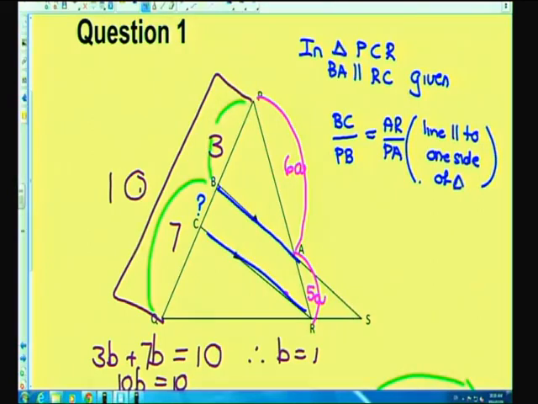You could also use similar triangles if you like, but I think it's easier because you would have had to say which triangles are similar if you did that. So right, that means BC we have found, this is what we need to find. PB we have found to be exactly 3 units. AR was 5A and PA was 6A.